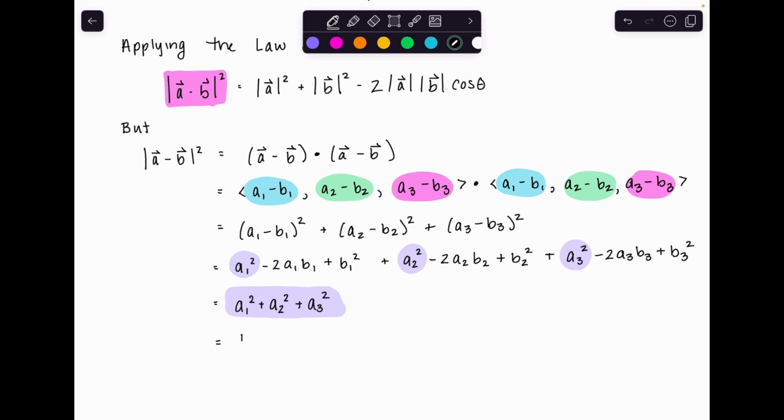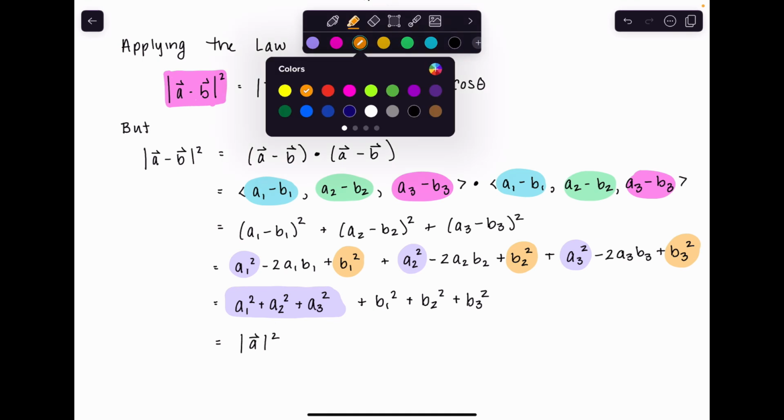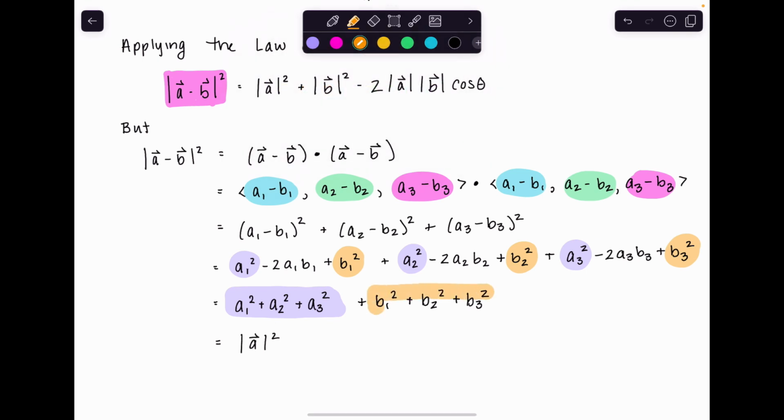So this is the magnitude of A squared. Then keeping the same idea, B1 squared plus B2 squared plus B3 squared is exactly the length of the vector B squared.